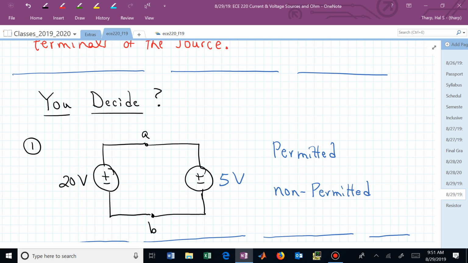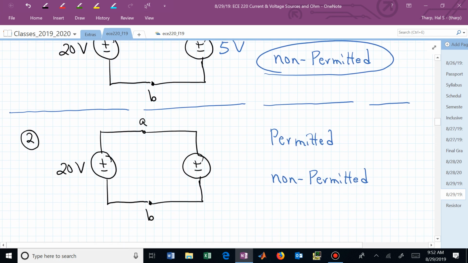You can't force one voltage supply to be at 20 and another to be at 5 and expect them to be compatible when you connect them together, because 5 is not equal to 20. The 20 is going to try to give you 20 no matter what, and the 5 is going to try to give you 5 no matter what. That doesn't make sense. So this is not a permitted interconnection structure. It is invalid, because you can't have 5 equal to 20.